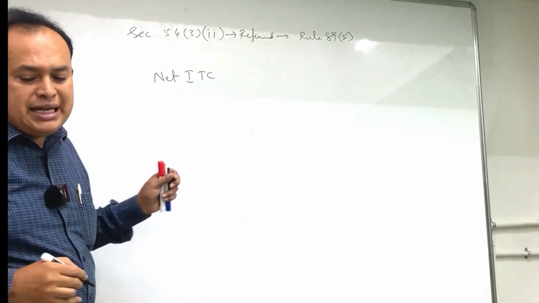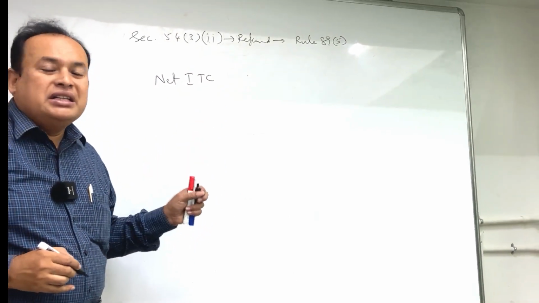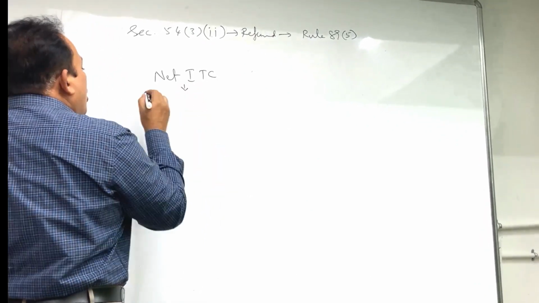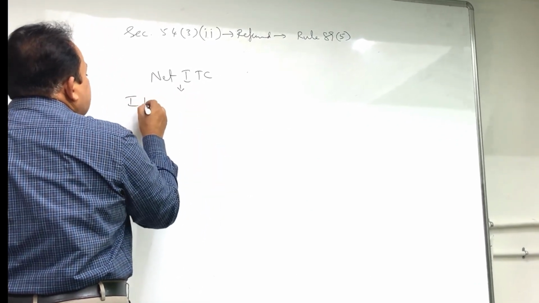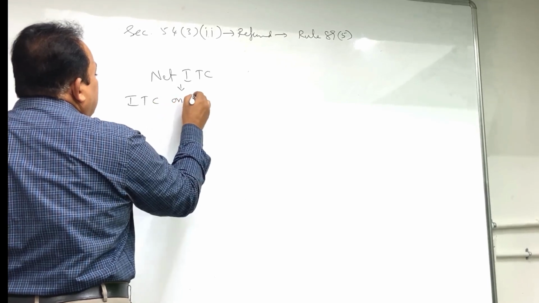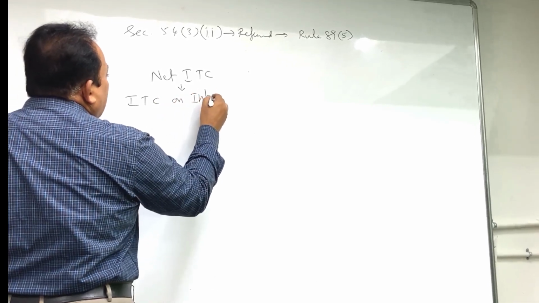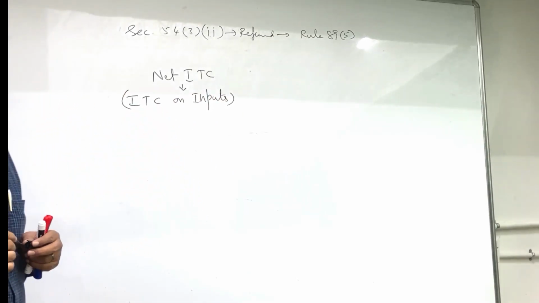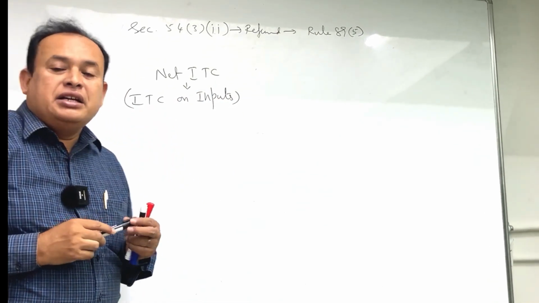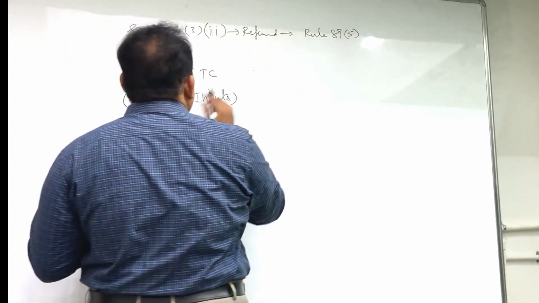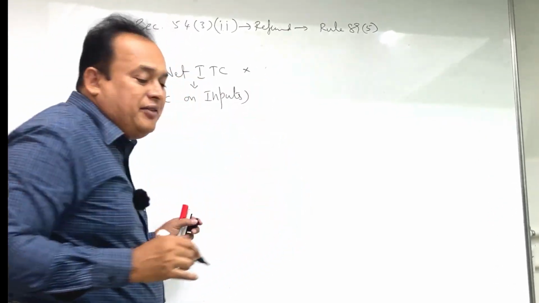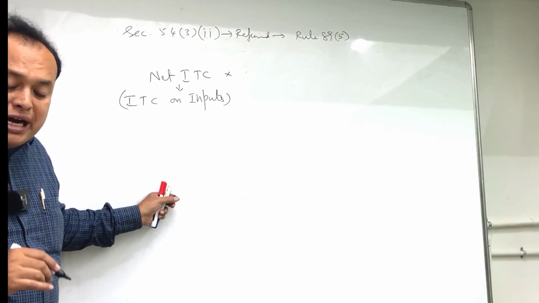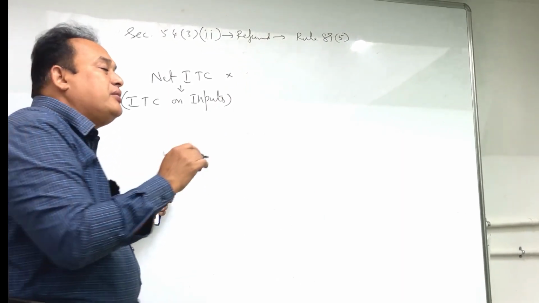My dear friends, be careful: this is ITC on inputs only. You cannot take anything other than this. Net credit, only ITC on inputs, multiplied by the turnover of inverted rated supply of goods or services.